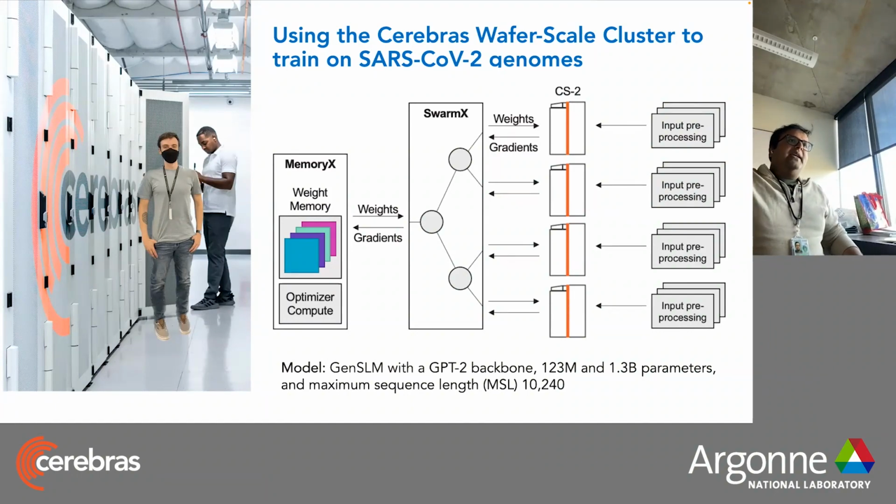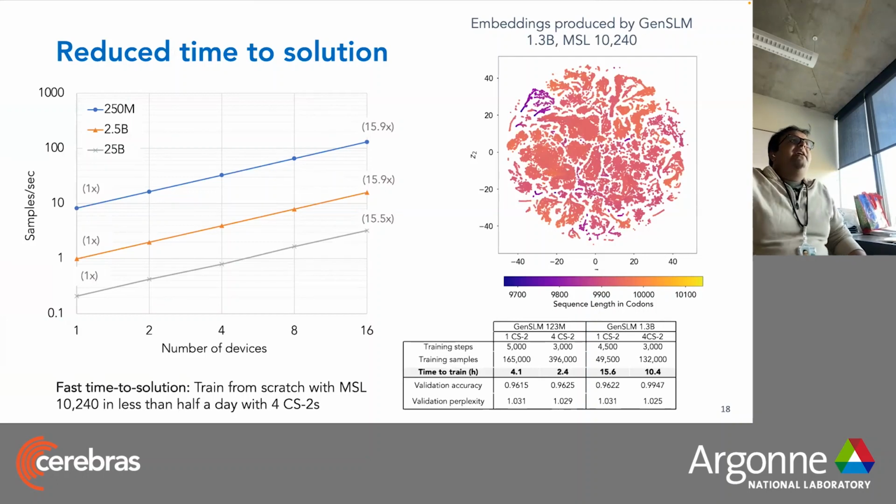So in terms of the money shot, this does provide a significant reduction in the time to solution. If you think about the number of training steps we needed to reach convergence, this is a busy slide, I apologize for that, but with one CS-2 it takes about 4.1 hours to train. With 4 CS-2s, we can reduce the training to about 2.4 hours with the smaller, 123 million parameter model.